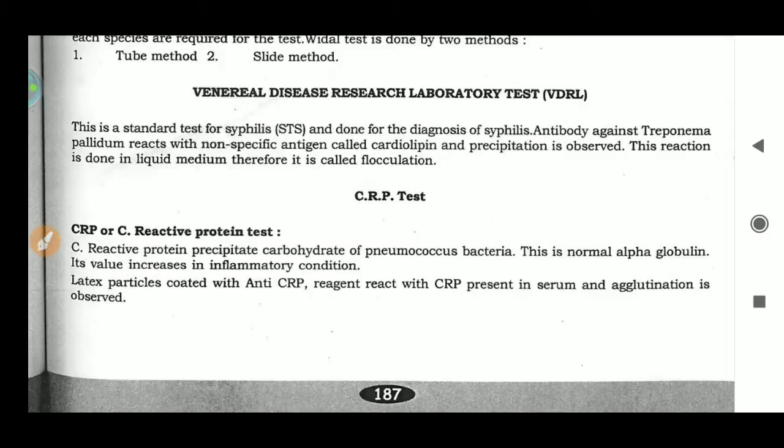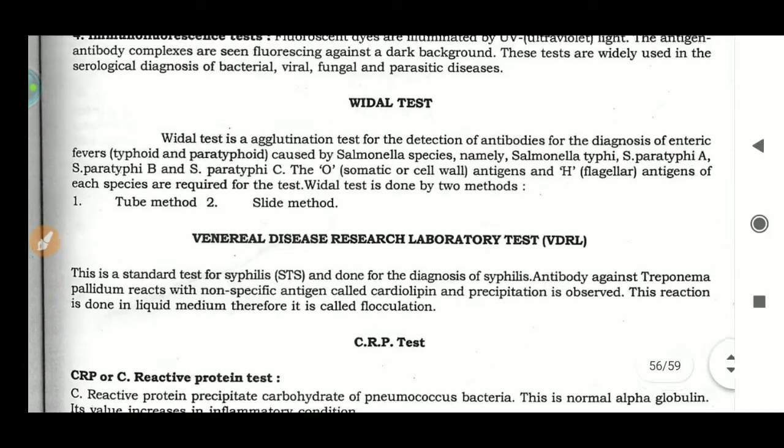Alright, let's move to the next topic. What is the Widal test? The Widal test is an agglutination test for the detection of antibodies for the diagnosis of enteric fever, typhoid and paratyphoid, caused by Salmonella species, namely Salmonella typhi, Salmonella paratyphi A, Salmonella paratyphi B, and Salmonella paratyphi C. The O (somatic or cell wall) antigens and H (flagellar) antigens of each species are required for the test.